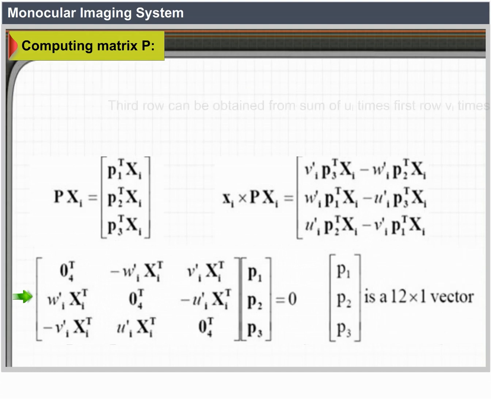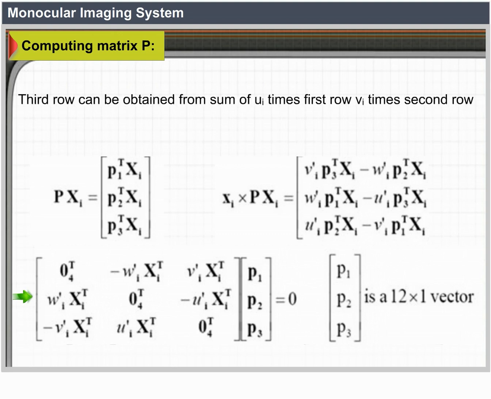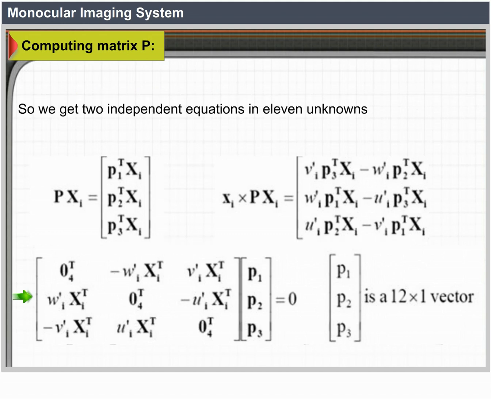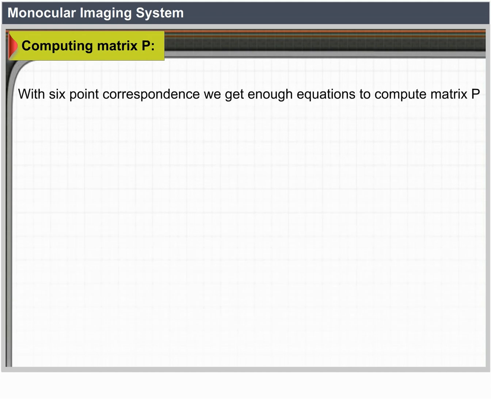The third row can be obtained from the sum of ui times the first row and vi times the second row. So we get 2 independent equations in 11 unknowns. With 6-point correspondences, we get enough equations to compute matrix P.